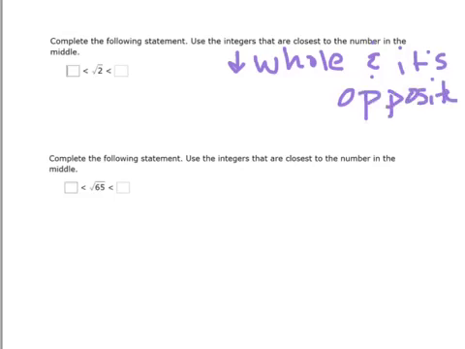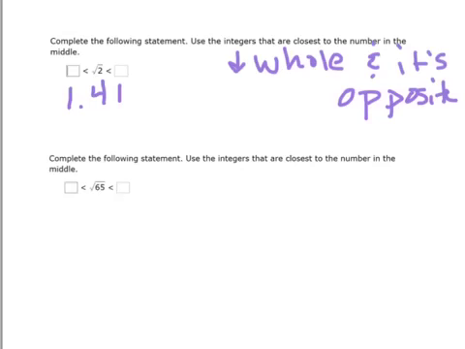Okay, so what you're going to do is type in square root of 2 into your calculator. And when you do that, you get 1.41. The square root of 2 is 1.41.